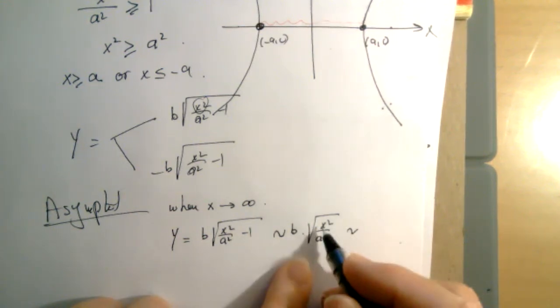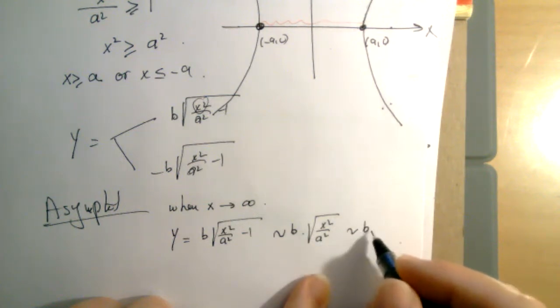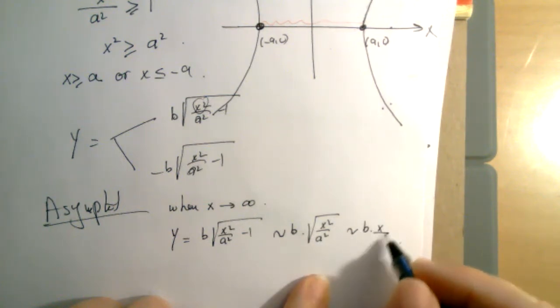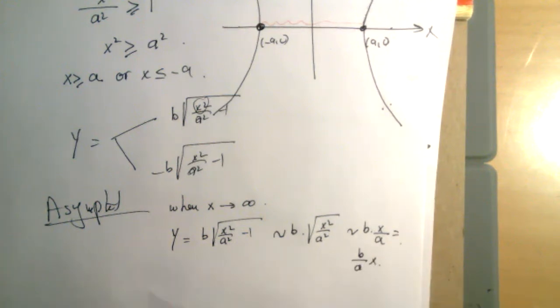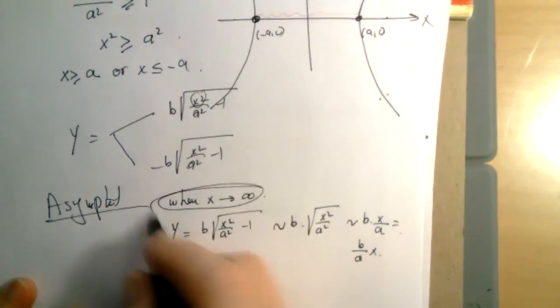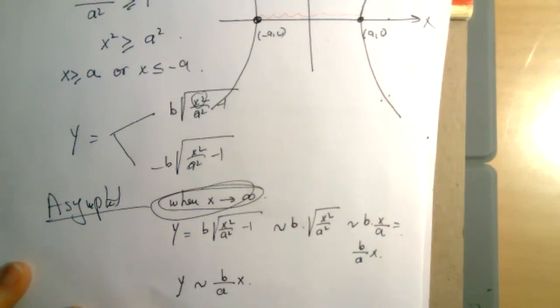Now, if x goes to plus infinity, x being positive, this is going to give me b times x over a, or b over a x. So when x becomes very large, the values that y takes are very close to the values of this.